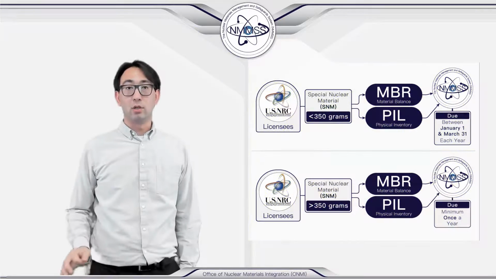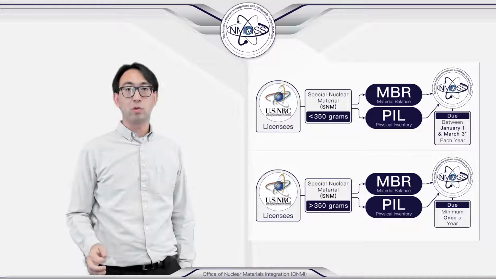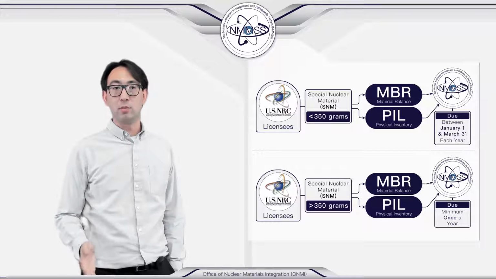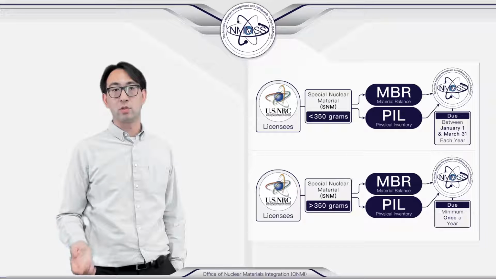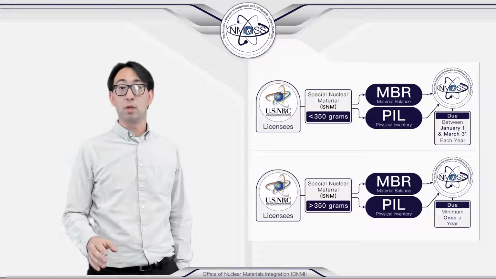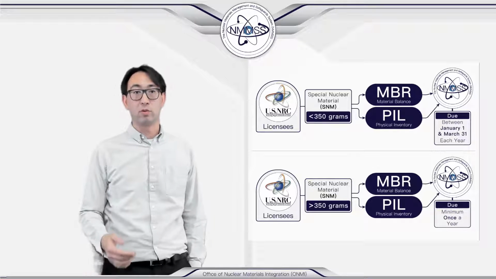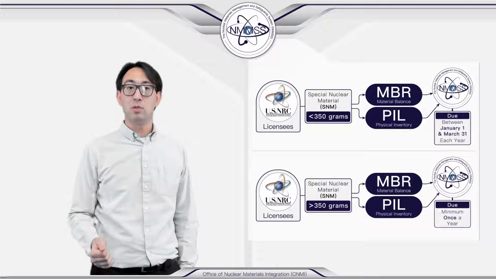For the NRC, licensees who possess less than 350 grams of SNM are required to report their physical inventory data and material balance records to NMMS between January 1st and March 31st of each year. Those NRC licensees possessing 350 grams or more of SNM must report a physical inventory data and material balance record to NMMS at a minimum of once a year.